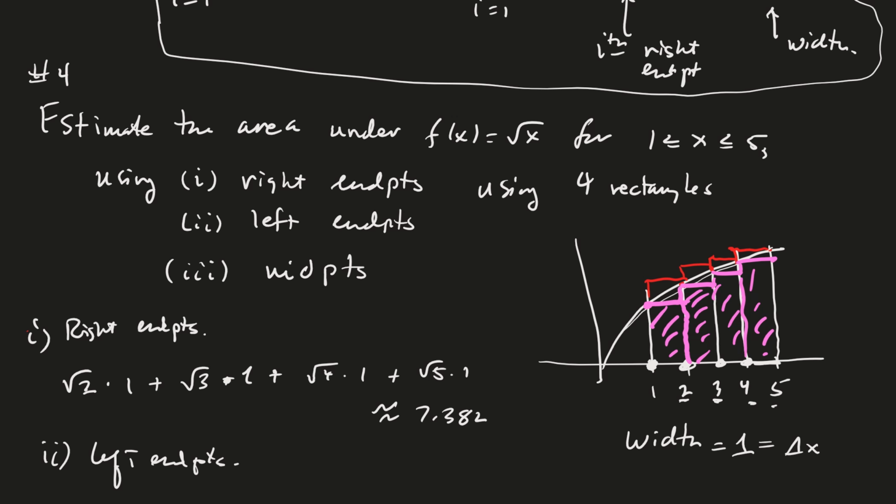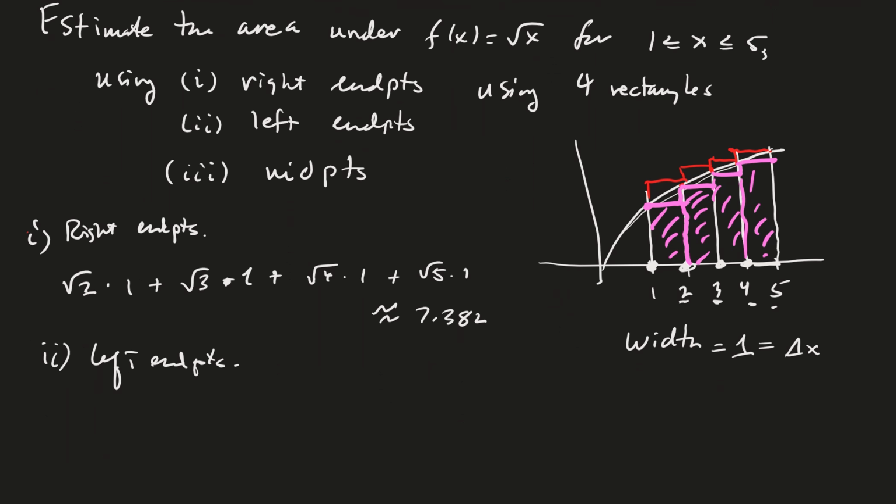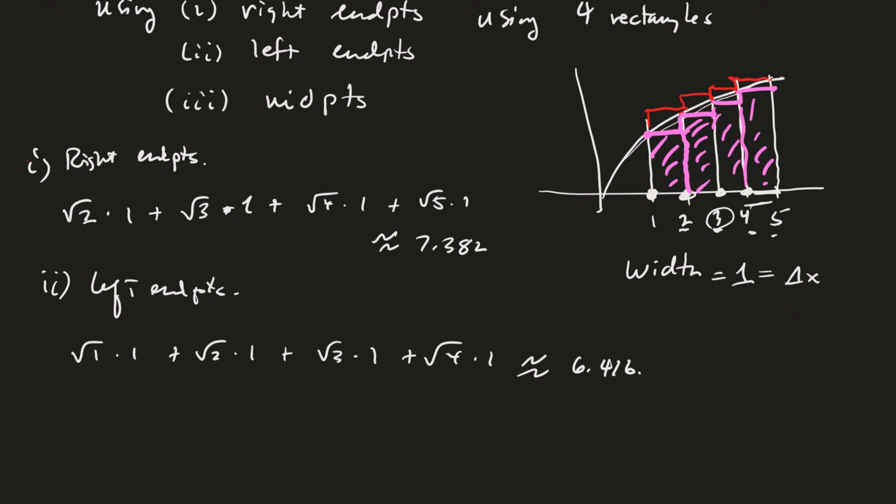And so you can see that that's going to be an underestimate. If we write down the 4 areas, we get the square root of 1 times 1 plus the square root of 2 times 1 plus the square root of 3 times 1 plus the square root of 4 times 1, that's the last one. And so that's approximately equal to 6.416.